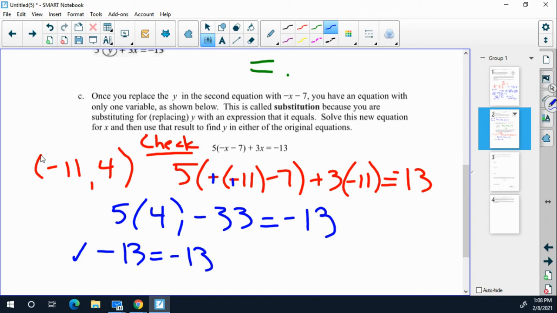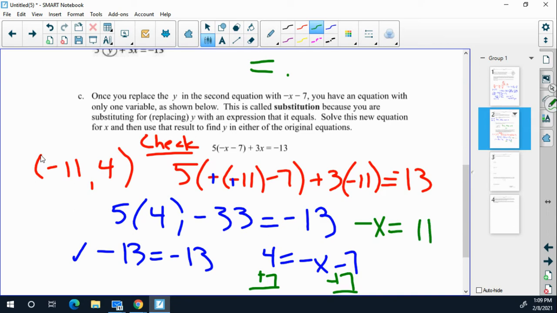Then we can put the value for Y back in there, which is 4. So we have 4 equals -X minus 7, and we're going to solve that. So we add 7 to the other side, which we get -X equals 11.